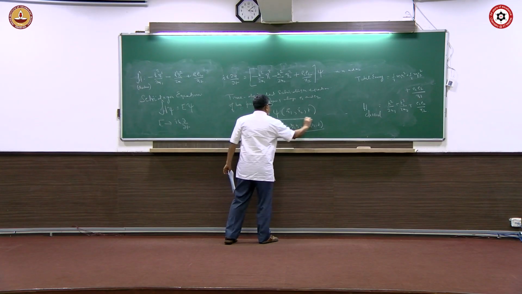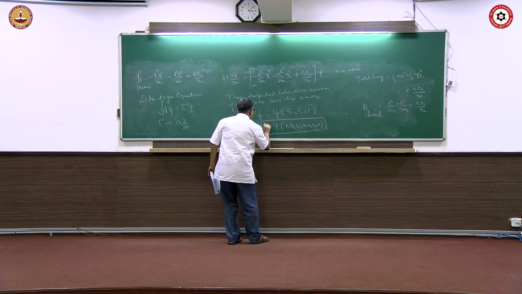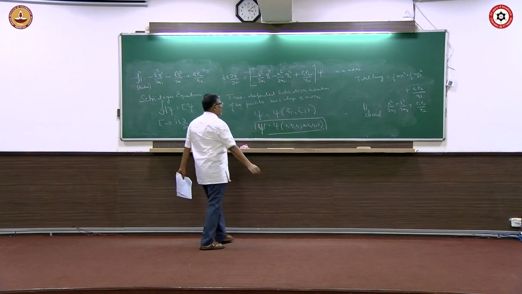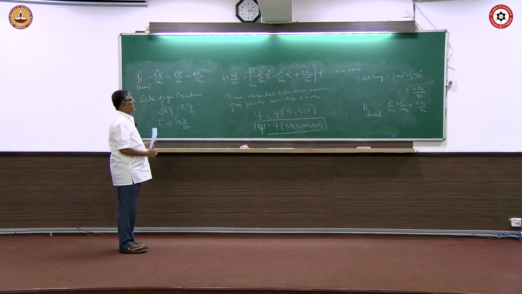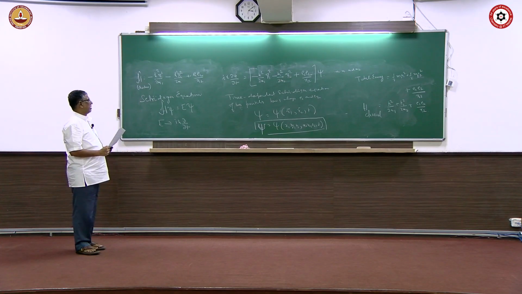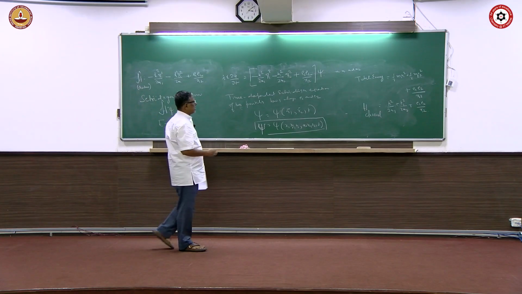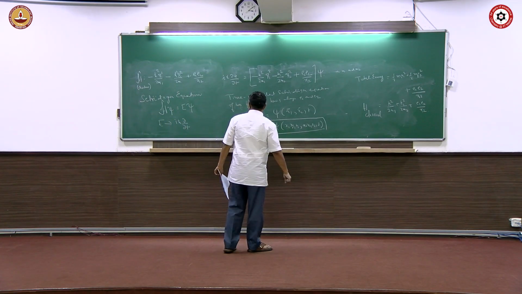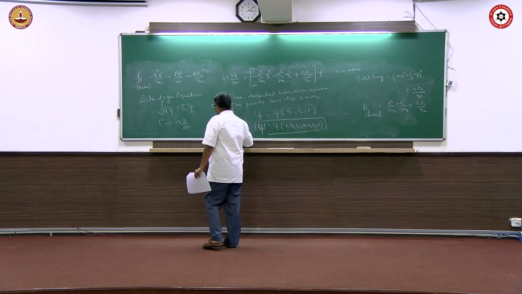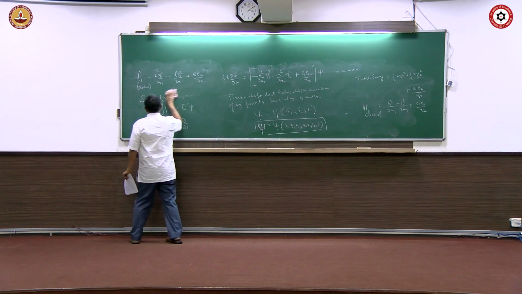So this is the wave function of the system. This is the time dependent Schrodinger equation. Most of the time we look for stationary state solutions, so we solve the time independent Schrodinger equation.